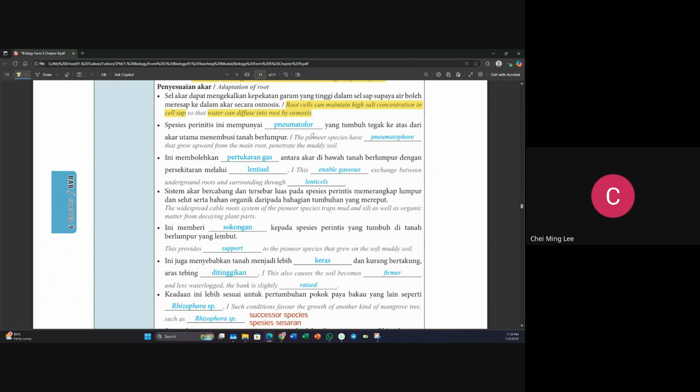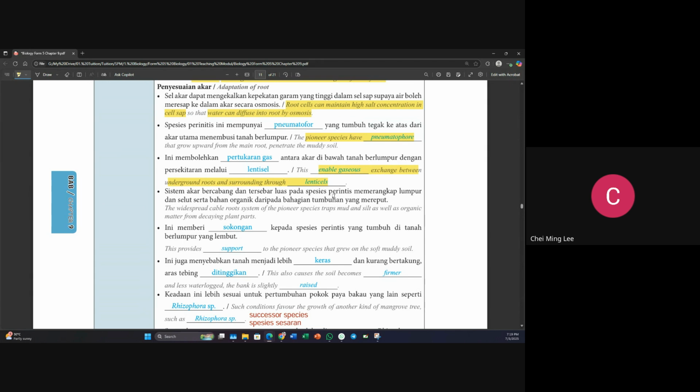But too much salt will cause some effect, so they need the leaves to release the excess salt. The pioneer species normally have pneumatophores, which grow upward from the main root to penetrate the muddy soil. Why? The pneumatophore enables gaseous exchange between the underground root and the surroundings through the lenticels.